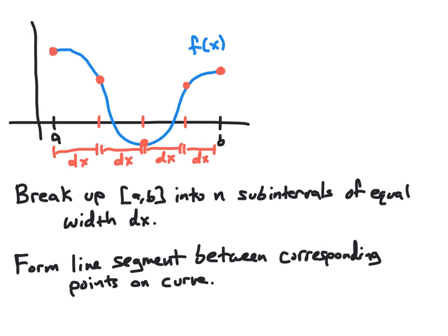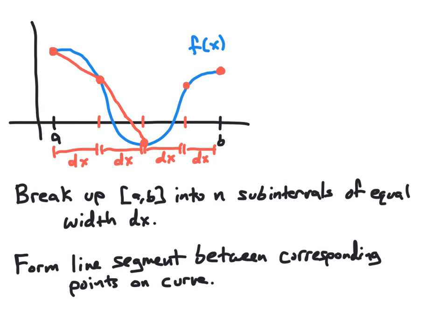We now form line segments between consecutive pairs of these points. From the point at a to the point at the end of the first subinterval, we form a line segment. Then from that point to the endpoint of the second subinterval, we form a line segment.